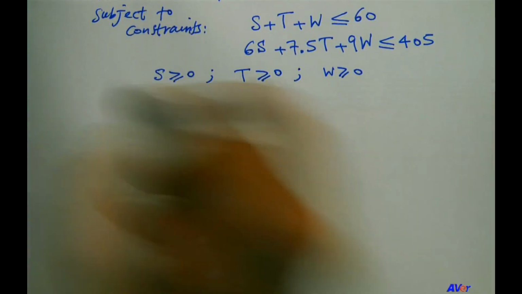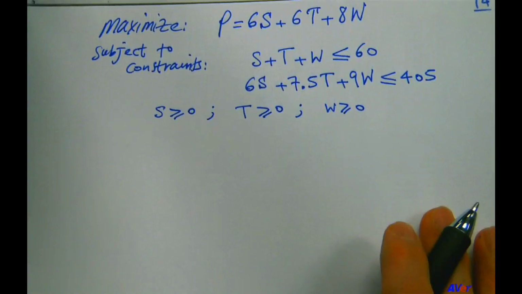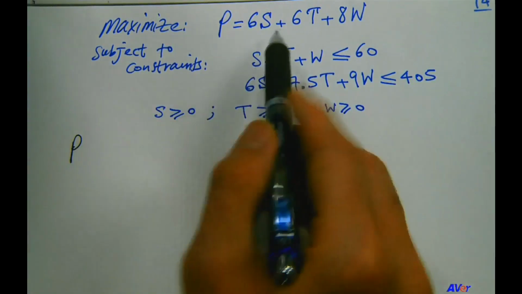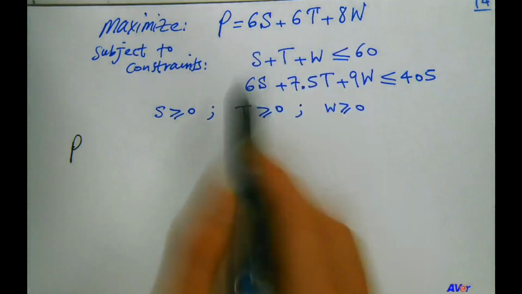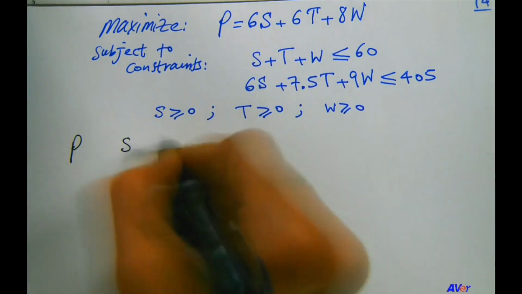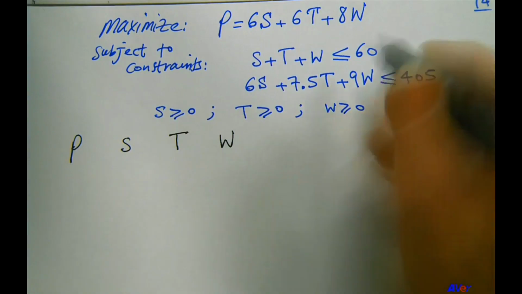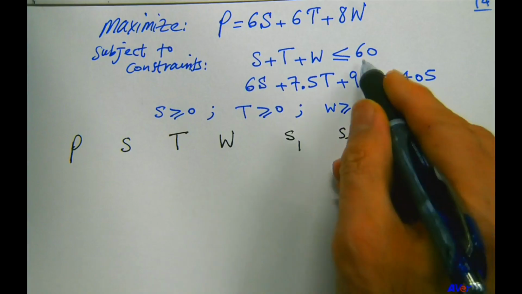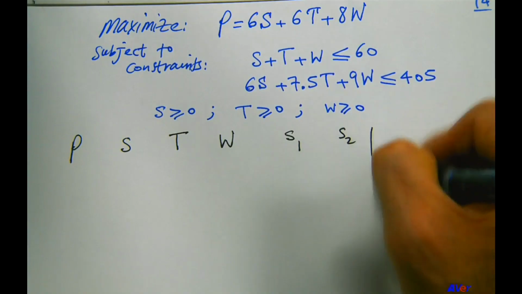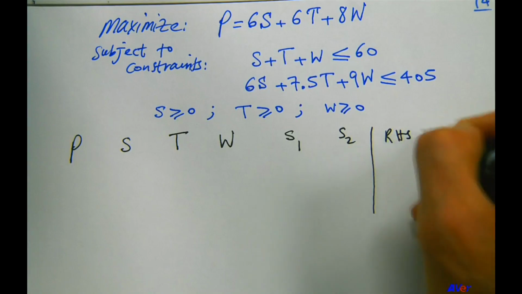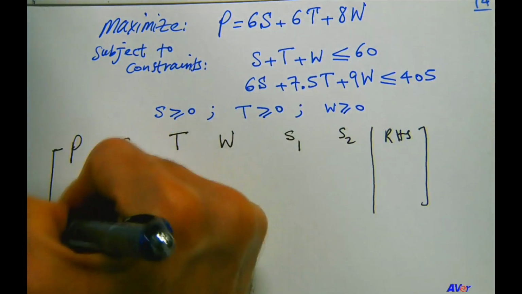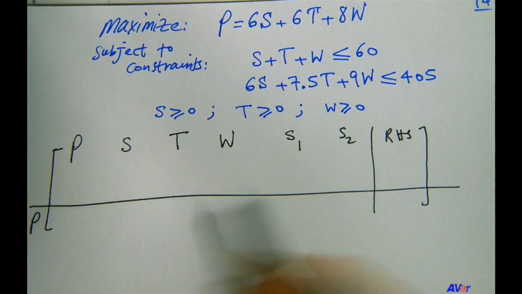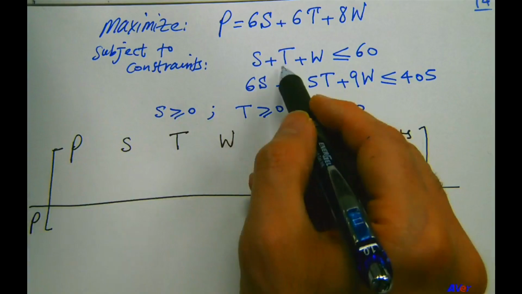Okay, so the first step is to set up the initial simplex tableau, which would be P for the profit function, and then this time our non-basic variables are s, t, and w. We have two constraint inequalities, so we need one slack variable for each one, and then of course the right-hand side column and the objective row.